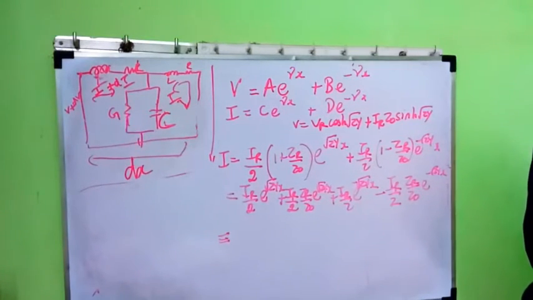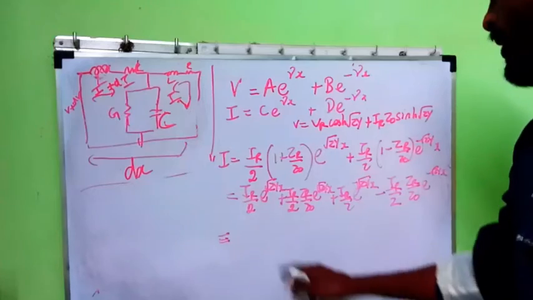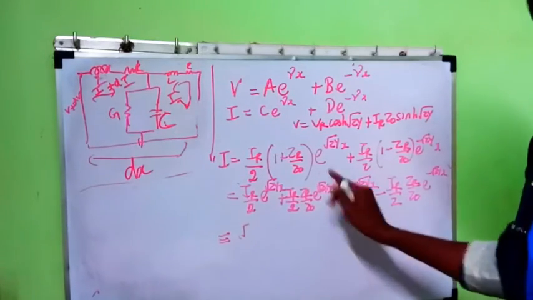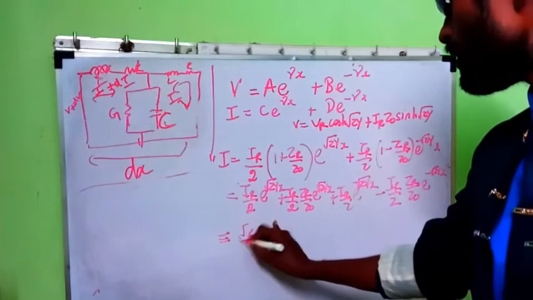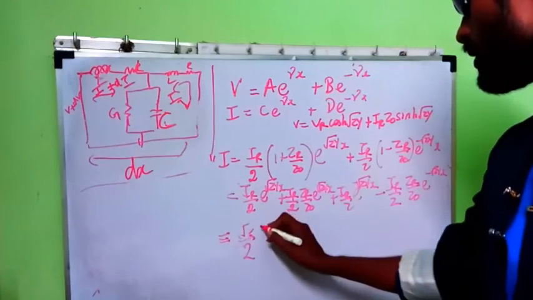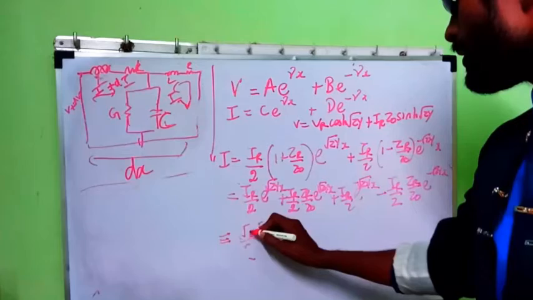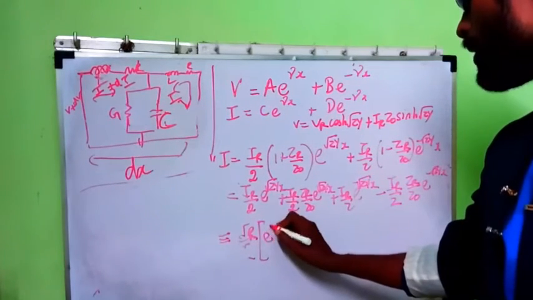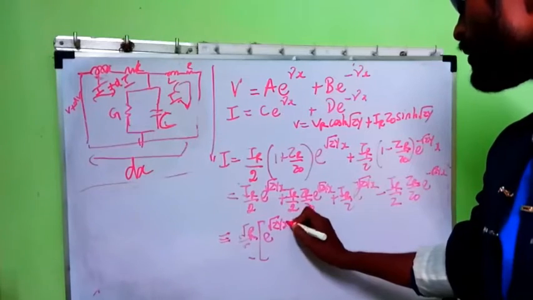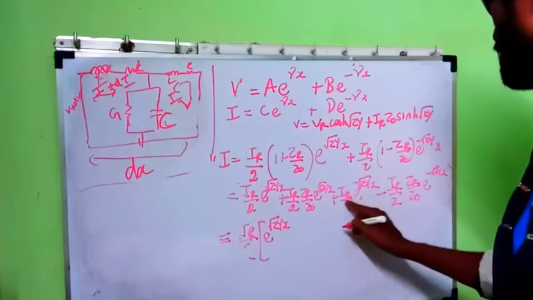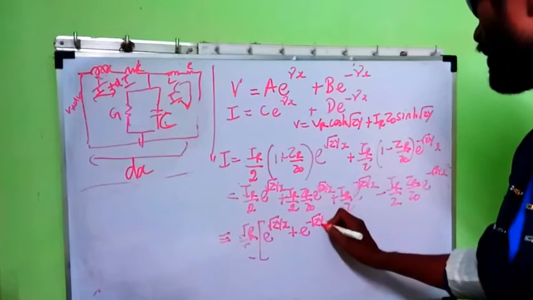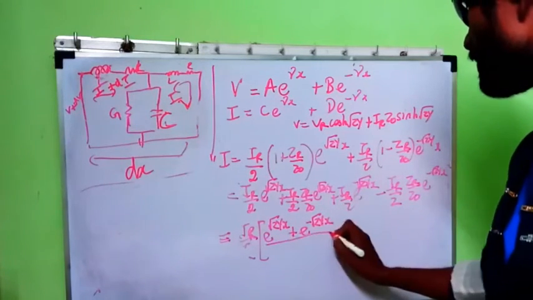You take this IR, don't disturb this IR. Now I'm just writing the first term and third term as it is. So IR into e power root of ZY into X, and then afterwards the third term plus e power minus root of ZY into X, divided by 2.